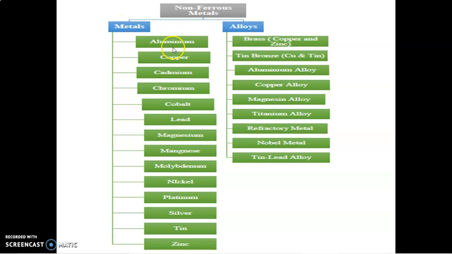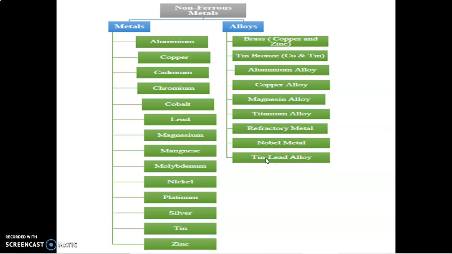Inside the metals: aluminium, copper, cadmium, chromium, cobalt, lead, magnesium, manganese, molybdenum, nickel, platinum, silver, tin, zinc. At the same time, some of the alloys are broadly used in different application areas: brass, which is made from copper and zinc; bronze, copper and tin; aluminum alloys, copper alloys, magnesium alloys, titanium alloys, refractory metals, noble metals, tin-lead alloys.